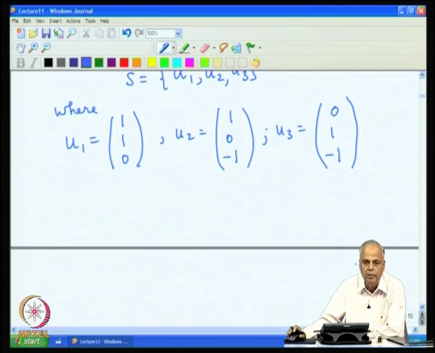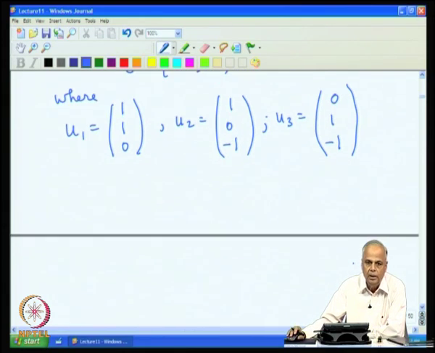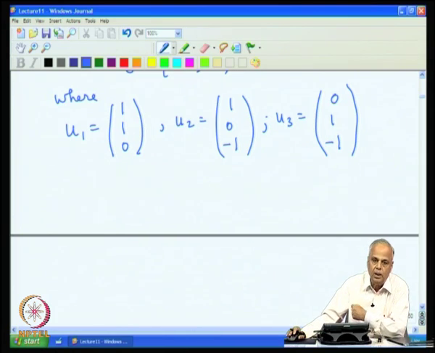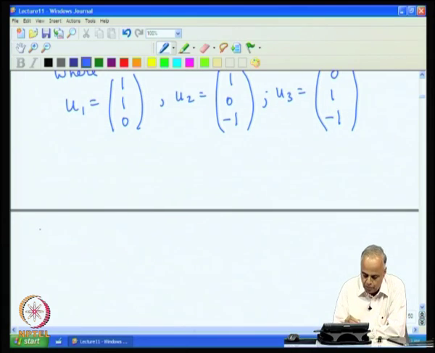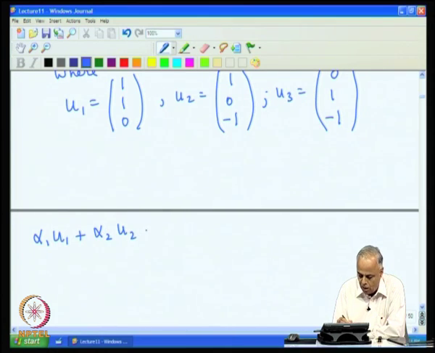Let us now see whether this set is linearly independent. For this, we must check whether, if a linear combination vanishes, it implies all the coefficients are 0. So, let us start with a linear combination alpha 1 u1 plus alpha 2 u2 plus alpha 3 u3.